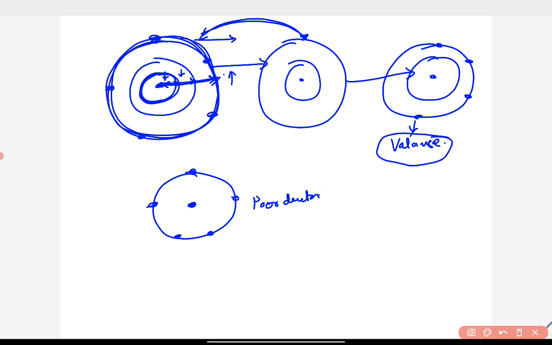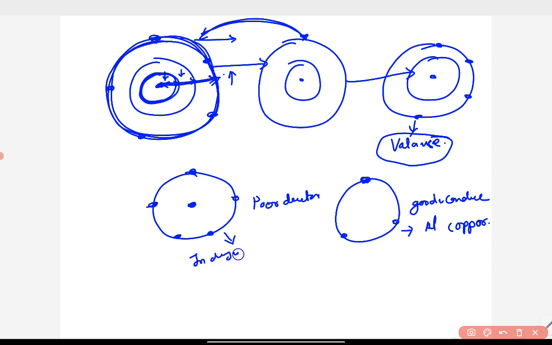Atoms with fewer than 4 electrons are good conductors of electricity, for example aluminium and copper. Poor conductors we use as insulators or for dielectric purposes, for example mica. An atom with 4 valence electrons is a semiconductor, carrying the properties of both conductor and insulator.